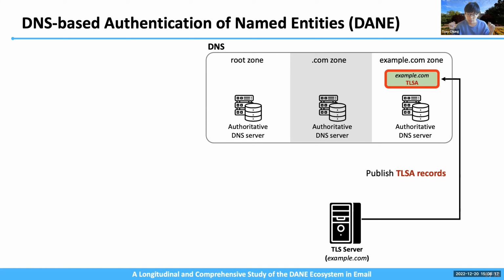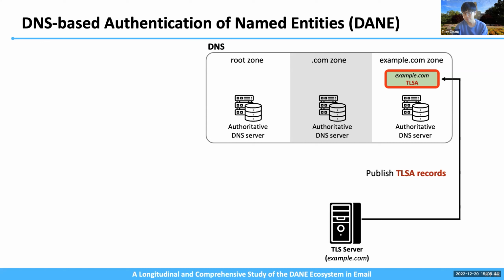So I am the administrator of example.com, and I would like to use DANE. In that case, I create my own certificate, and at the same time, I extract the certificate key information, for example, the hash of the public key, right? It is very similar to the DS record.